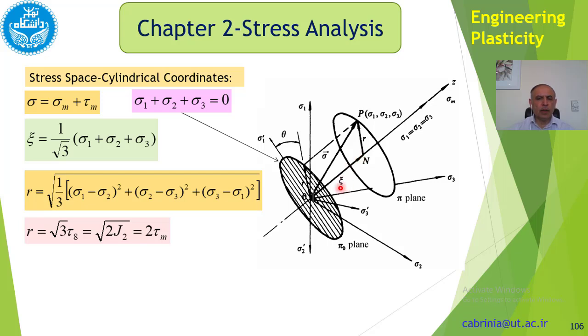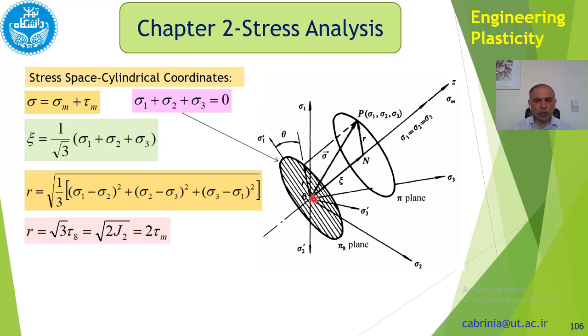That is zeta here. Zeta is ON and shows the component of hydrostatic pressure because R is perpendicular to OZ. And therefore, if we subtract this component zeta from sigma, we get only R, which is the deviatoric stress.